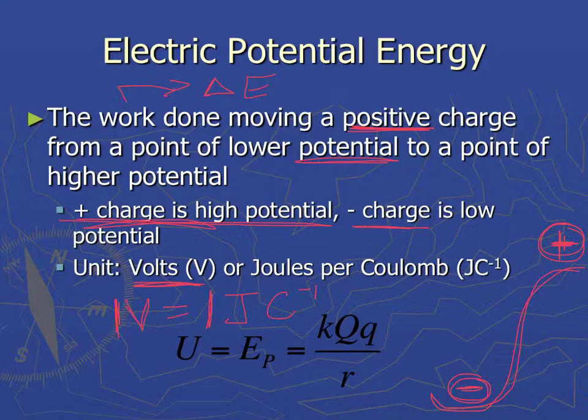So energy per coulomb, or energy per charge. And our equation for electrical potential energy is KQ1, Q2 over R. So electrostatic force, KQ1, Q2 over R squared. Potential energy, it's just R. There's no R squared. So notice the similarities, but notice that they are two different equations.